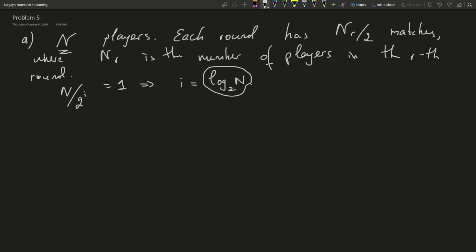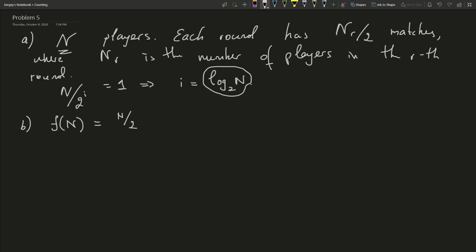So in part B, we're asked how many matches are played in total. Let that be a function of n. In the very first round, we have n over 2 matches, because we start with n people, and they get paired up.